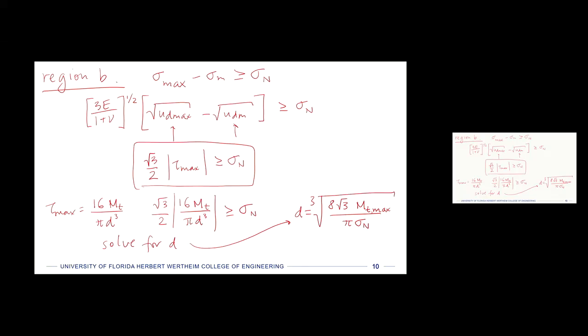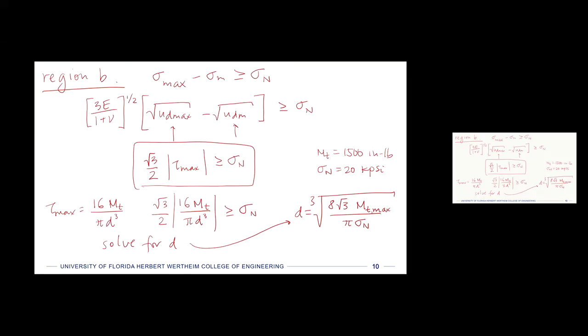Okay. We can recall that our maximum torque moment was 1,500 inch-pounds, and the fatigue strength that we read off was 20 kpsi. So if we plug those in, we will get some answer.